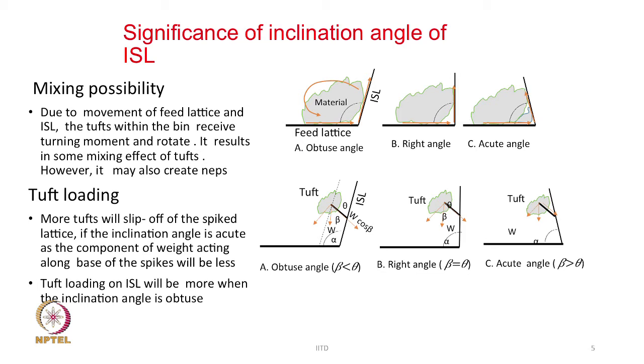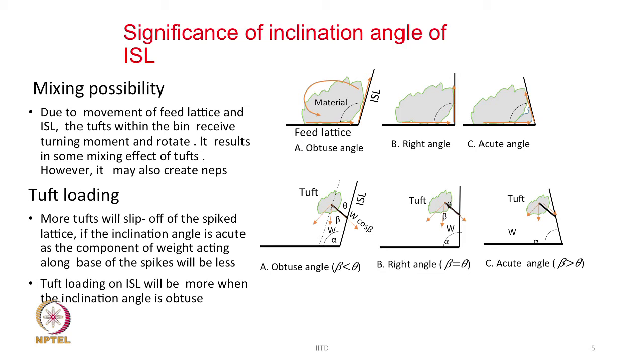So, a right angle or an acute angle will reduce the loading of the spike lattice, and in that case the production rate also could be affected.